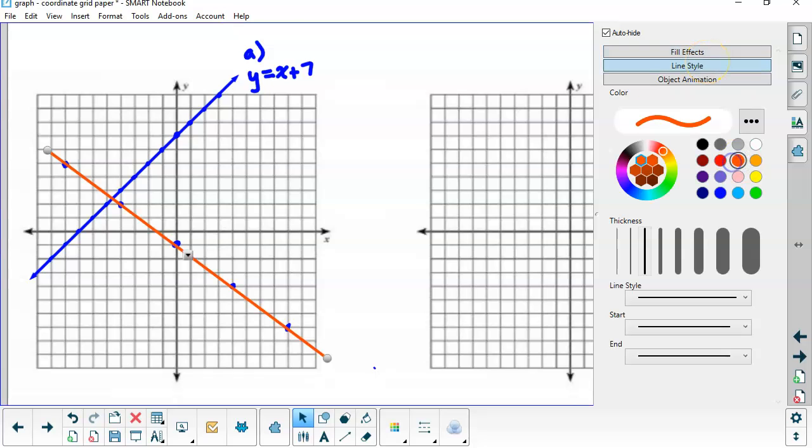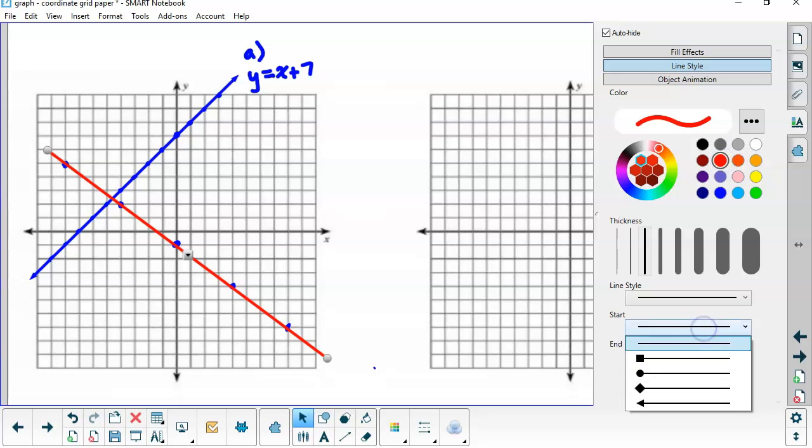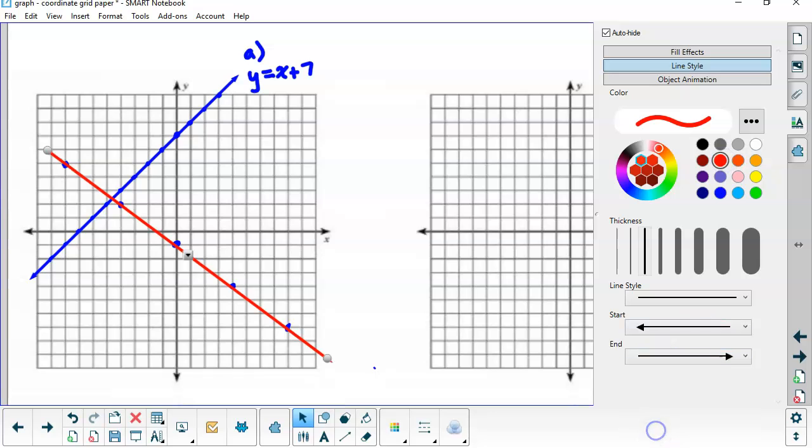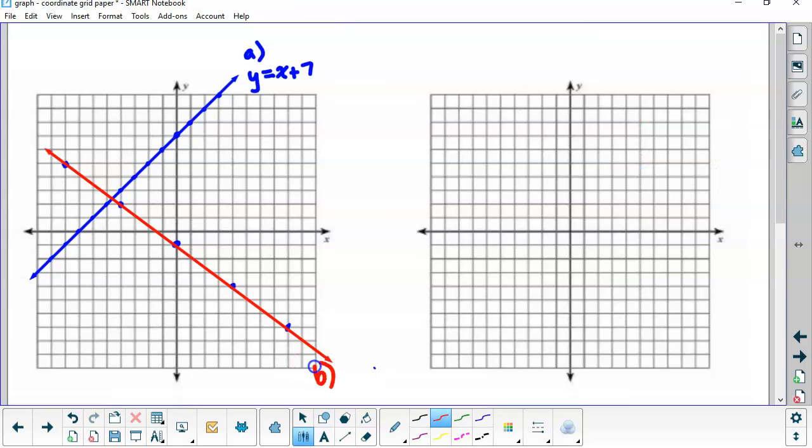Red this time. And that's going to be B, which is y equals negative 3/4 x minus 1. Okay. Next one has a y-intercept of 0. There's no constant term.